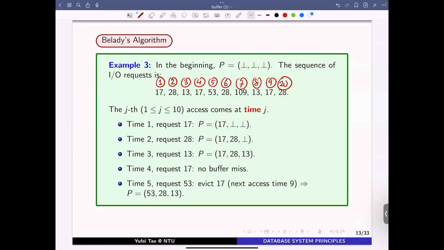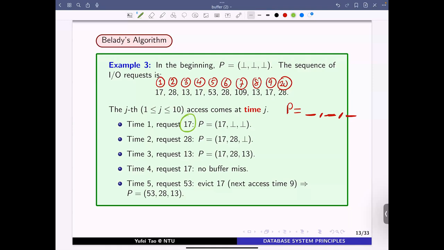Good. Now let's maintain this P. This P is an array. There are 3 slots, and currently all of them are empty. Now let's process the first one. The first request is 17.